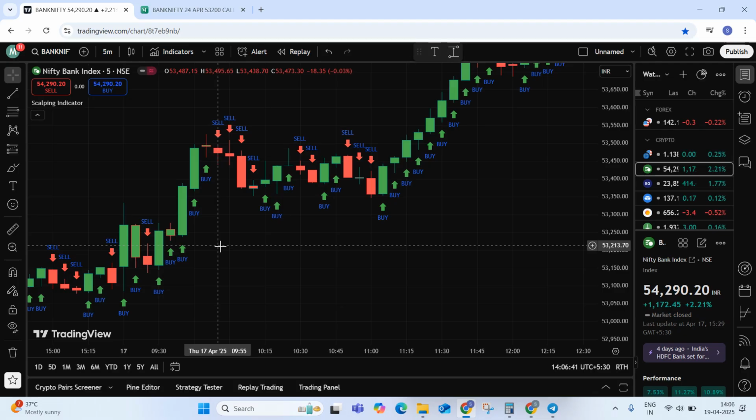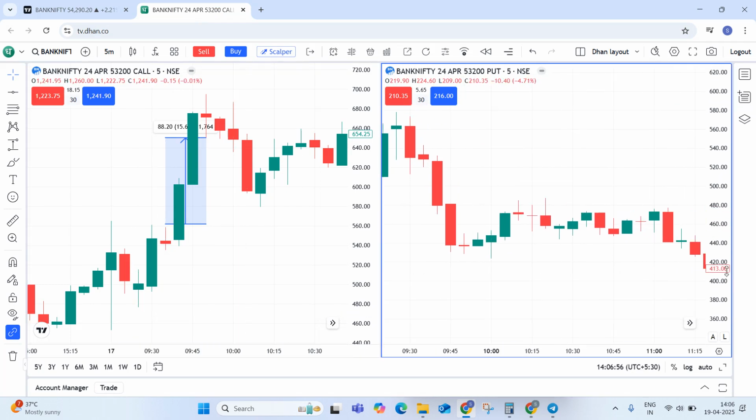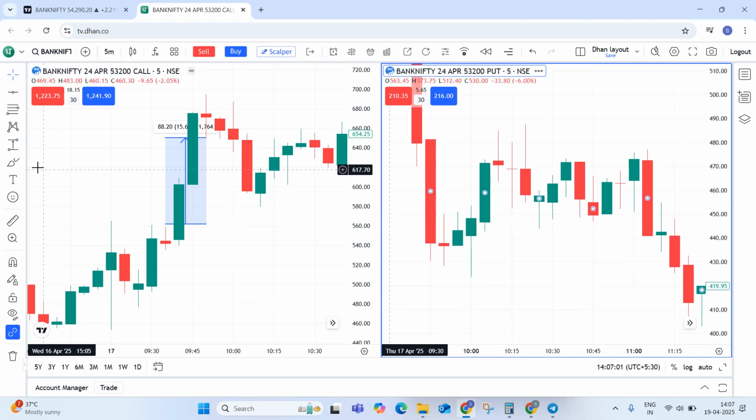See here, at the 9:55 candle you got a sell signal. Sell signal means either you can sell the call option or you can buy the put option. I am going to the put option, looking at the 9:55 candle.